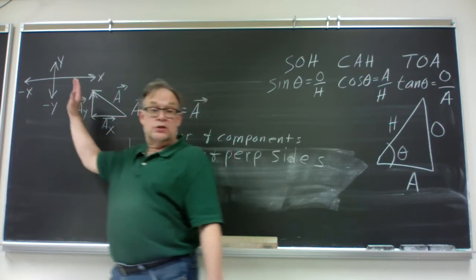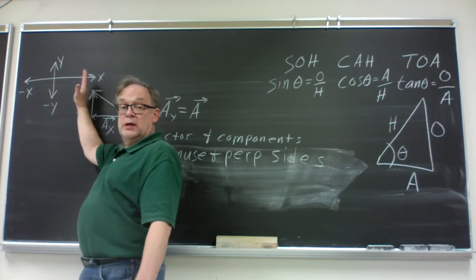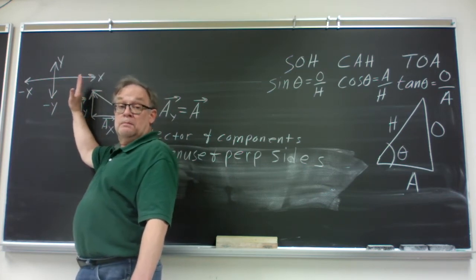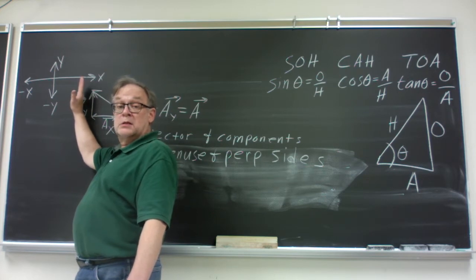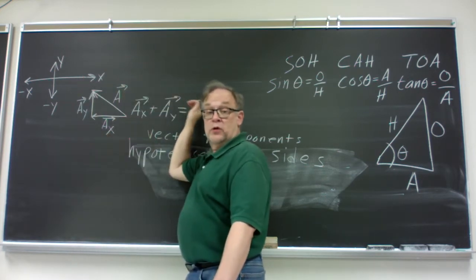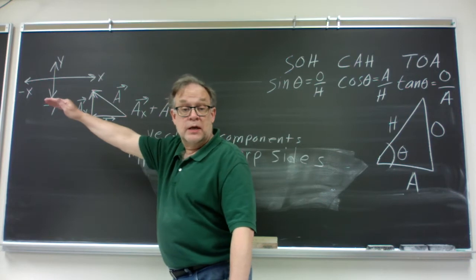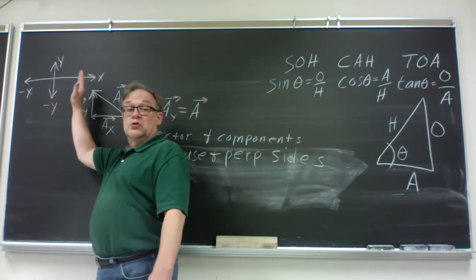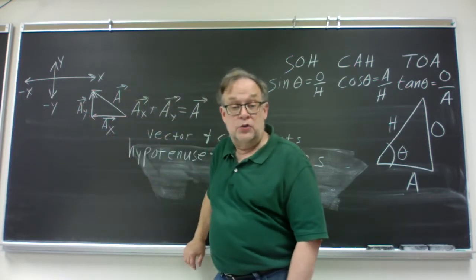And then similarly, just imagine making a vertical screen parallel to the y-axis, and then shine a light from over here, then the shadow that A makes on this vertical screen would correspond to the y component.